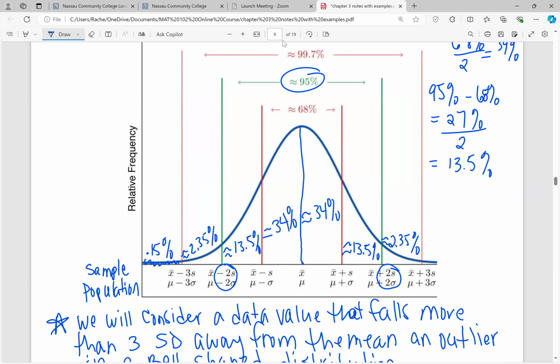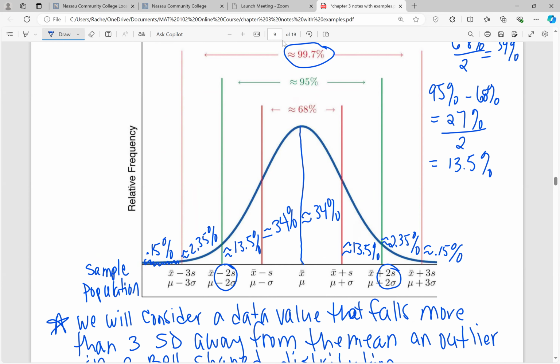The reason is that if we go 3 standard deviations above and below the mean, that's about 99.7%. We only have 0.3% left to get to 100% if we were to shade the entire curve. So there's 0.3% left over. And if I divide that in half, 0.3 divided by 2 is 0.15. So those two areas are each 0.15%.